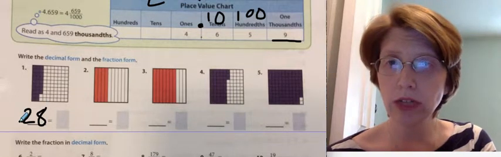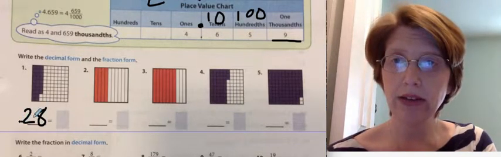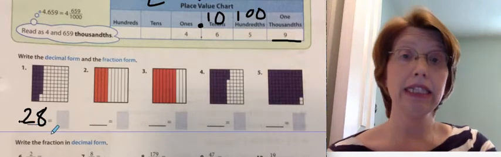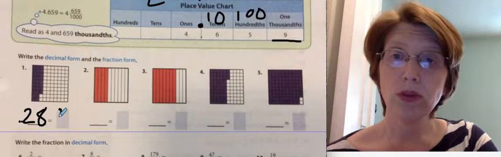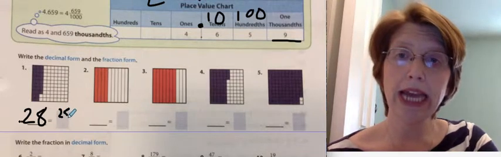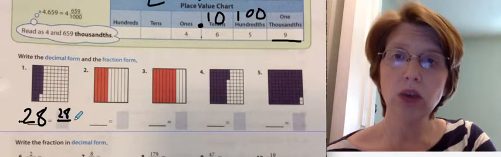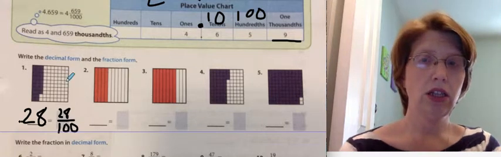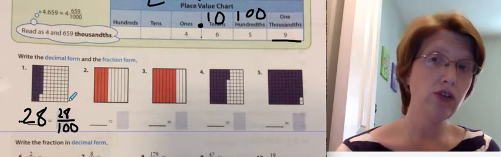See my decimal there? A decimal and 28, and how do we say this 28? 28 hundredths, which means I'm going to have 100 on the bottom. So it's 28 out of 100.